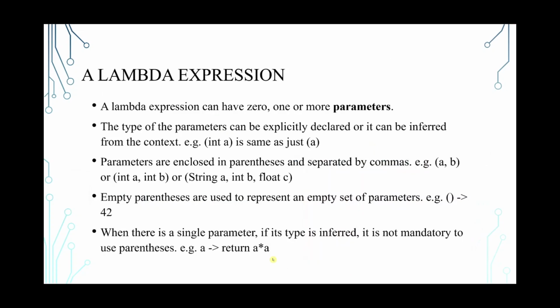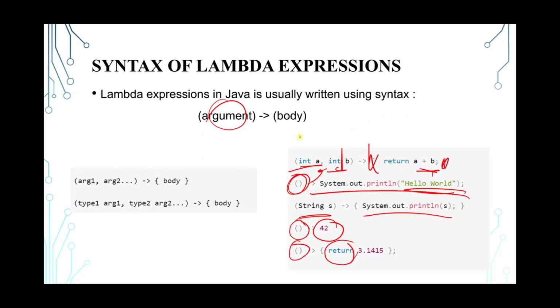A lambda expression can have 0, 1, or more parameters. The type of a parameter can be explicitly declared by saying int a, or can be inferred from the context by just saying a. In this case, if we have s, then it could be inferred as a string, or as an integer if I provided it with an integer, and so on.